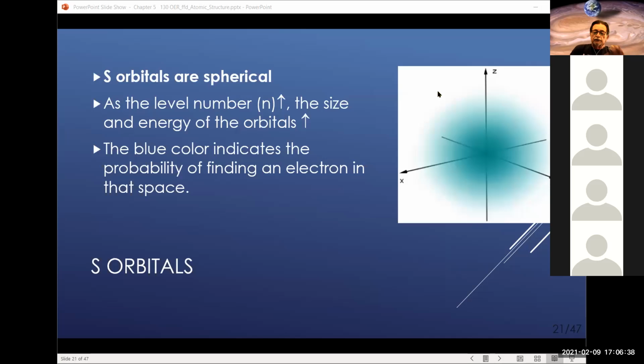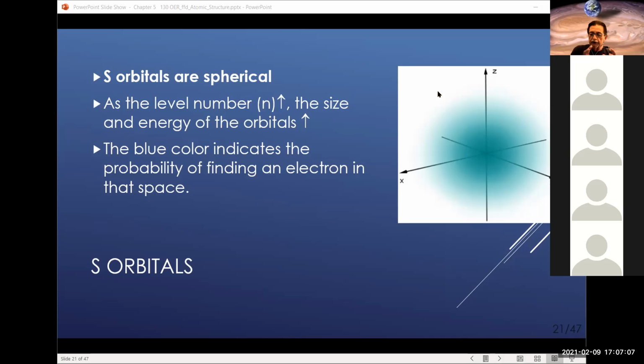So earlier I said that these orbits come from mathematical equations, and once you plot the data to these equations, it gives you a picture of what these orbits look like. Once we plot them, they look something like this, which represents the probability of an electron being anywhere in that colored area.